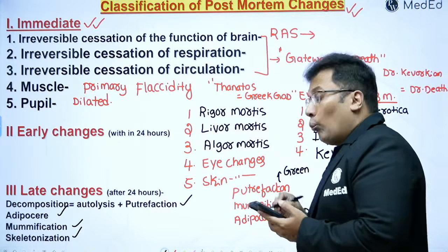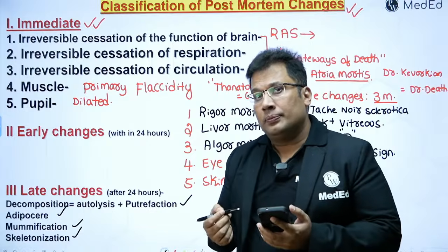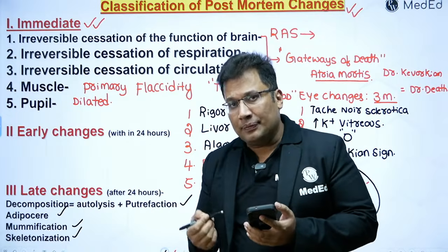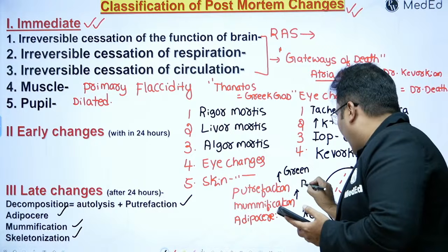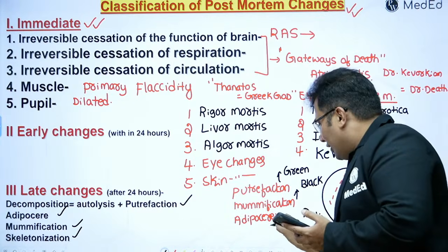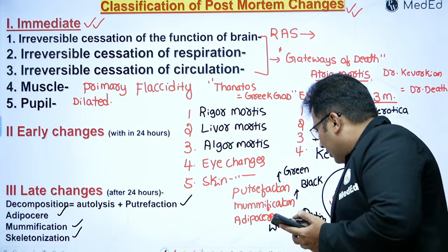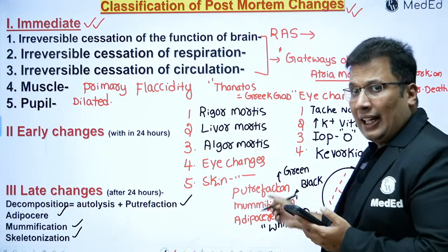Why green? Because of sulfmethemoglobin, because of Clostridium welchii. In mummification the color will be black, and adipocere is usually white. This is again commonly asked.